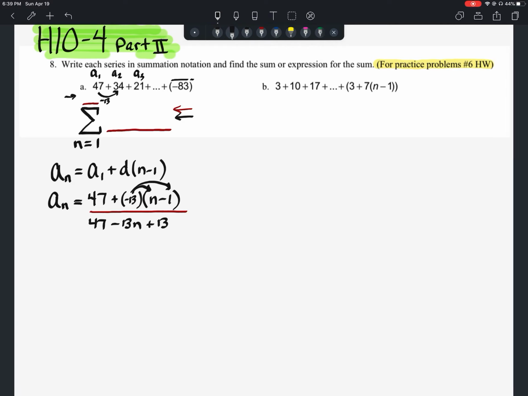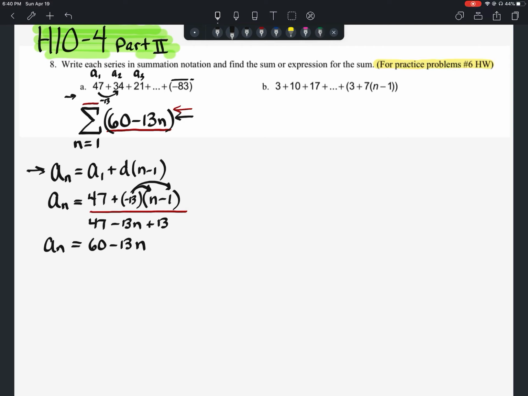All I'm doing is simplifying this formula a little bit. So 13 plus 47 is 60 minus 13n. What we just found here is the actual argument. It's the same thing as a simplified form of the a sub n formula. So I'm going to go ahead and write that in up here. That's 60 minus 13n. That is the argument.